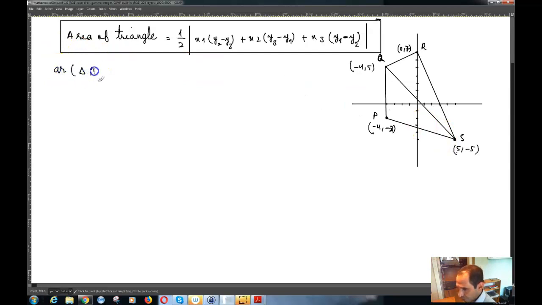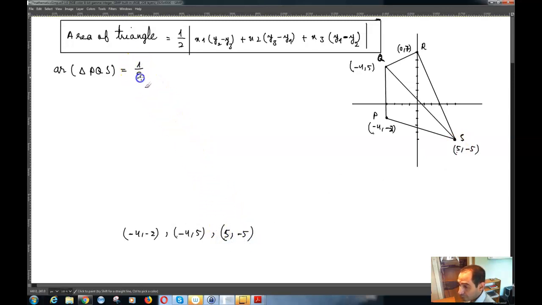You can use this formula and these points, for example negative 4, negative 2, then negative 4, 5, and the other point, 5, negative 5.